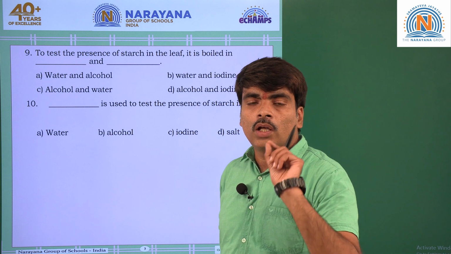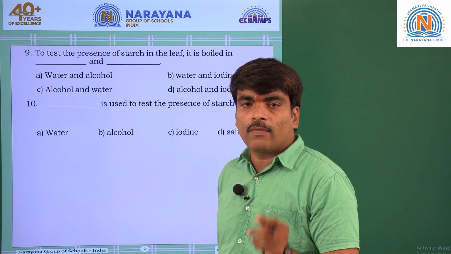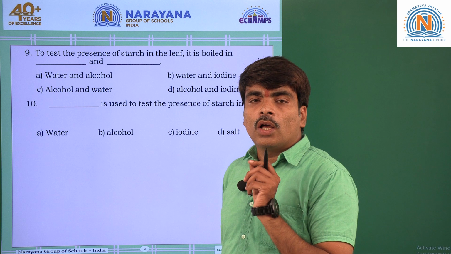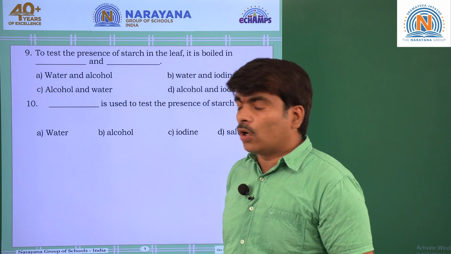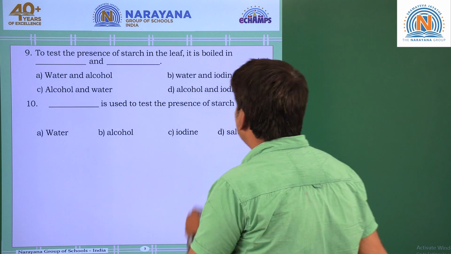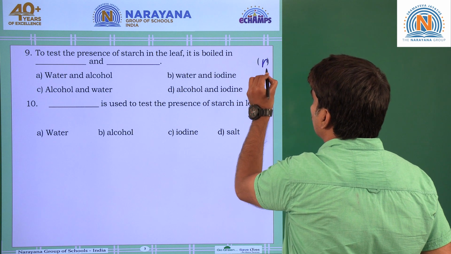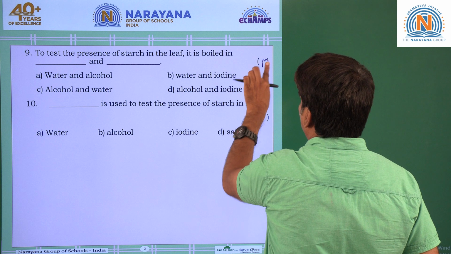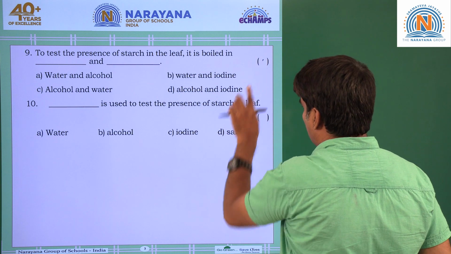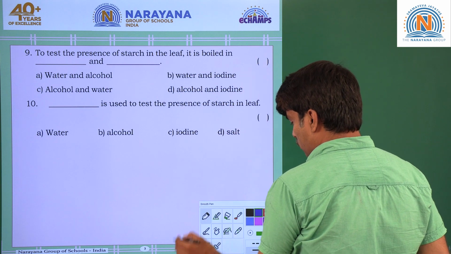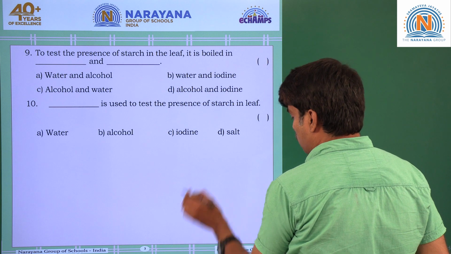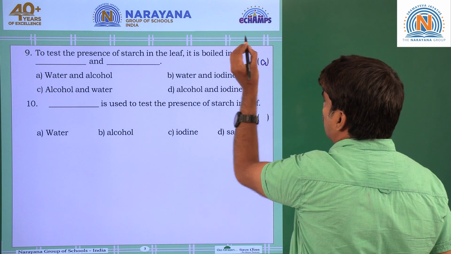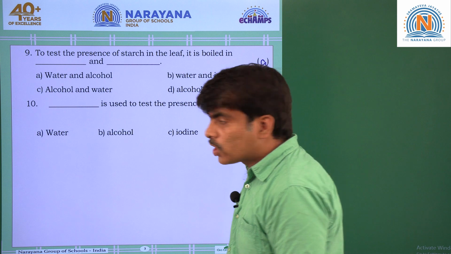Firstly, we boil the leaf in water, and then we bleach it in alcohol. So our option is A. So the answer is A.